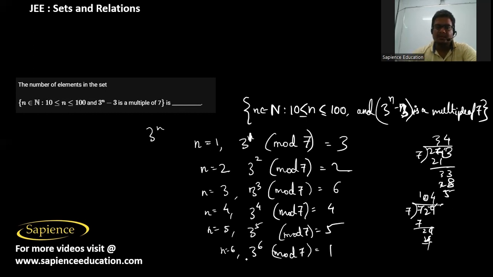So here again, if we do 3 power 7, that is, if n equals 7, then again a remainder of 3 will come.